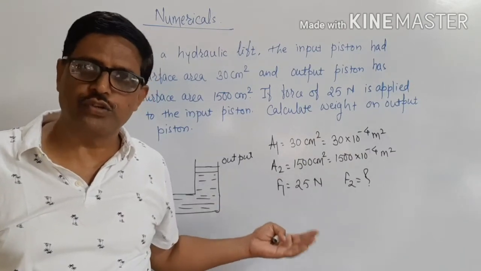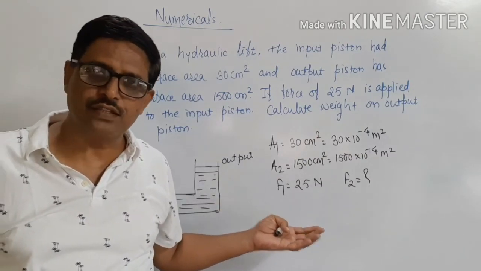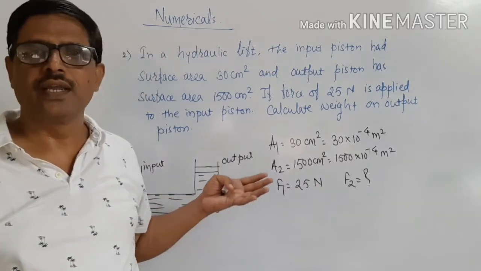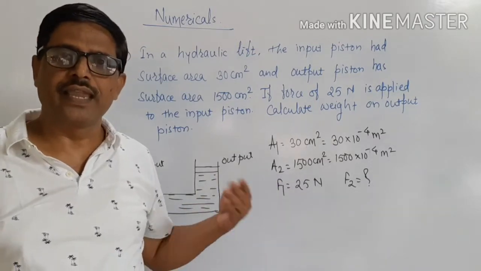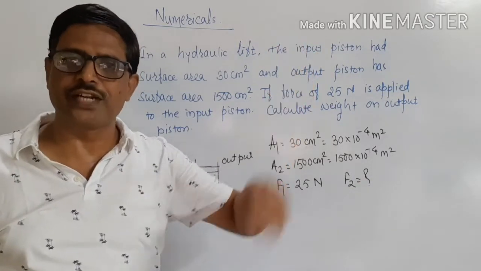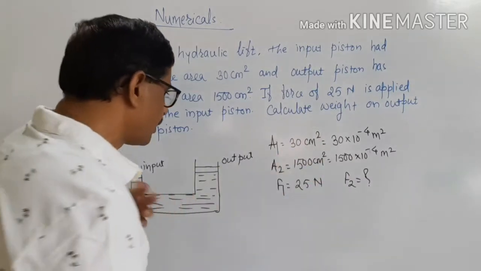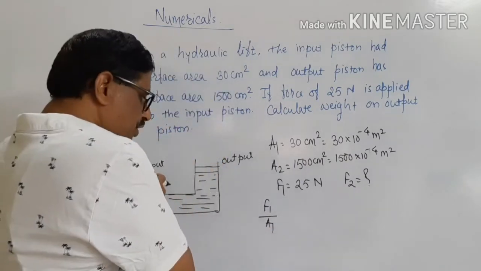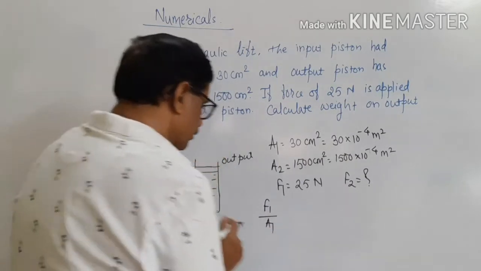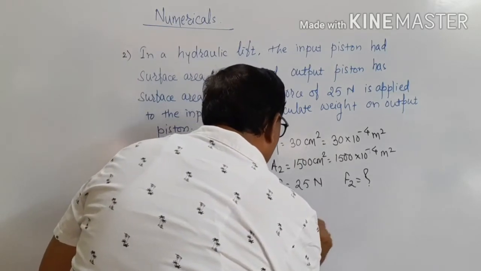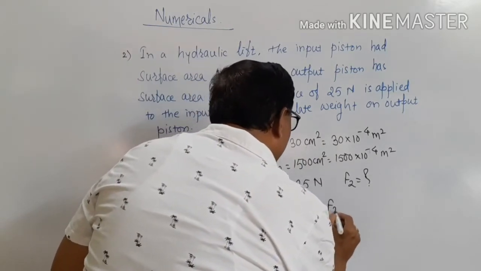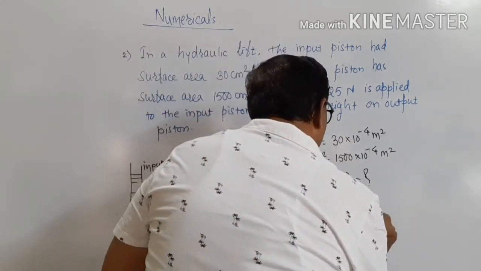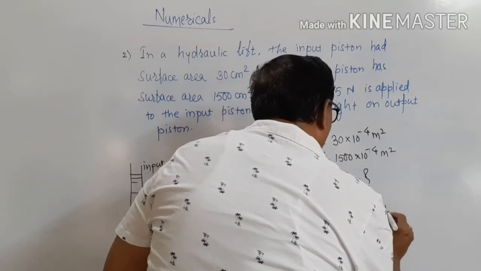As I said, according to Pascal's law, whatever is the pressure applied at one point of an incompressible liquid, it is equally, undiminished distributed throughout the liquid. Therefore, pressure at all points will be the same. Therefore, pressure at the input side is F1 upon A1 and pressure on the output side is F2 upon A2, and hence you will get F2 is equal to A2 divided by A1 into F1.